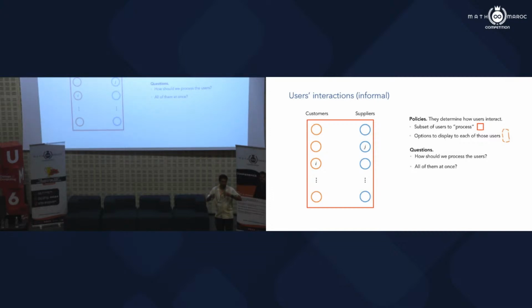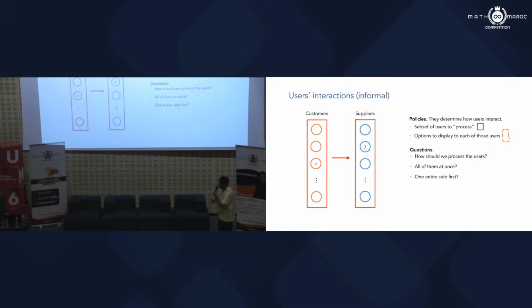In others, you fix a side, let's say in accommodation, only the client side will make the choice first, and then you go to the other side. So there are different designs, and for each design there is an optimization problem that needs to be solved, where we need scientists and mathematicians to design algorithms to solve the problem efficiently.